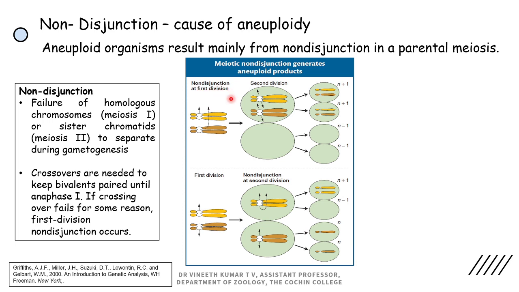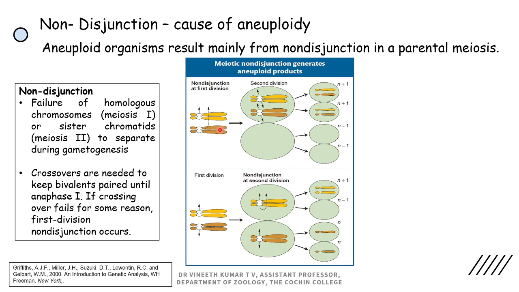This is meiosis 1 non-disjunction, where homologous chromosomes fail to separate. Normally, after crossing over, during anaphase 1, this homologous pair will move to one cell, and this one should move to the other cell. Here there is a failure of them to separate.